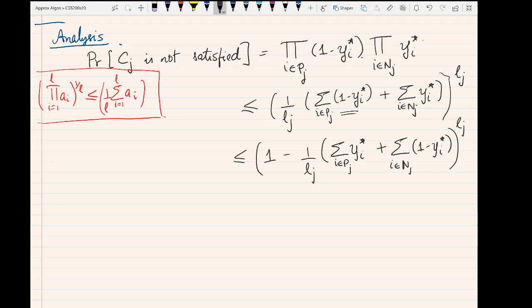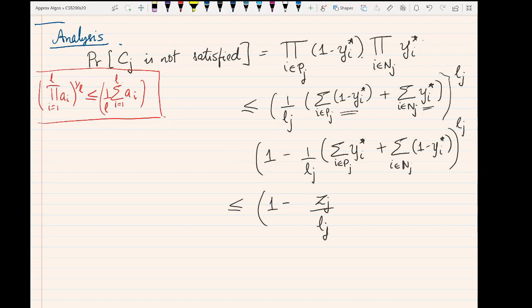Over here, we had the i in Pj, that is the positive literals occurring as 1 minus yi stars, and the negative literals occurring as yi stars. We are just flipping that over because at this point, this looks closer to what we want.